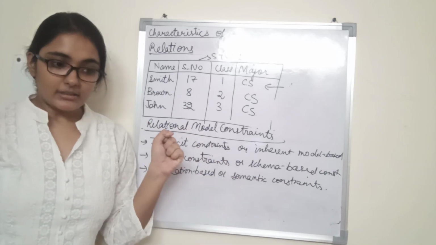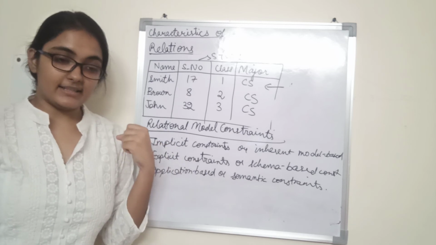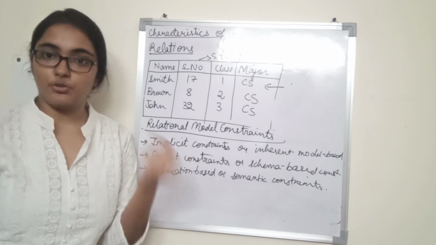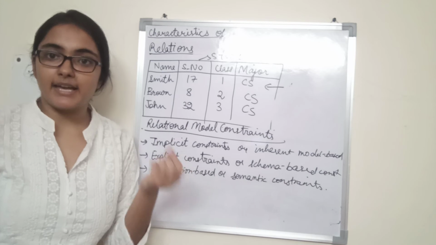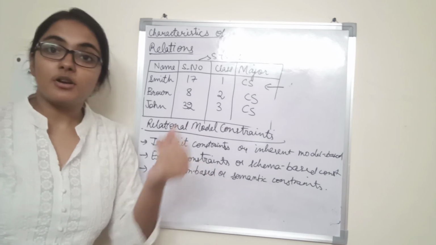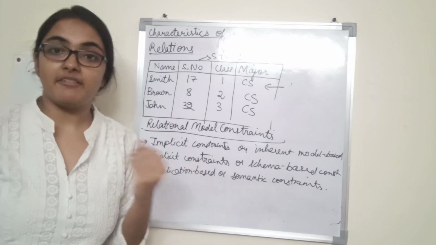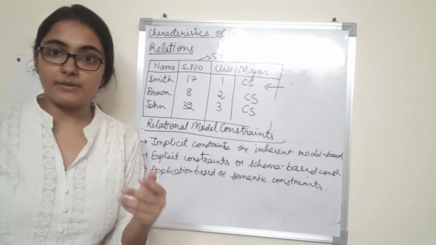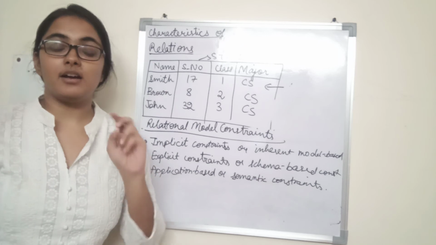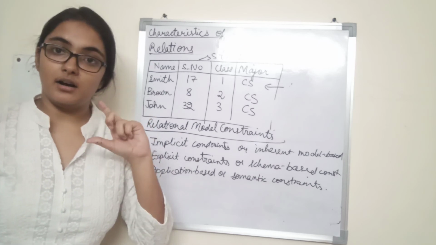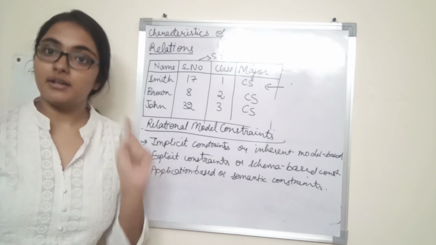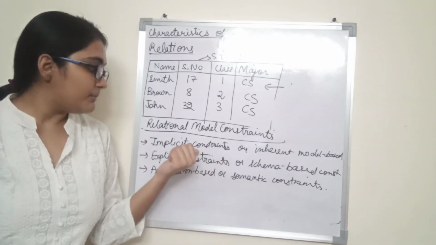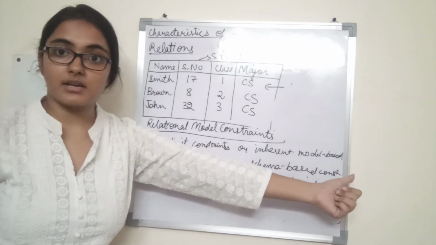An example is that a relation cannot have duplicate tuples. It is an inherent model based constraint because it is implicit in the relational model. Why? Because a relation is considered as a set, and in a set there are no duplicate elements, so there cannot be duplicate tuples in a particular relation.